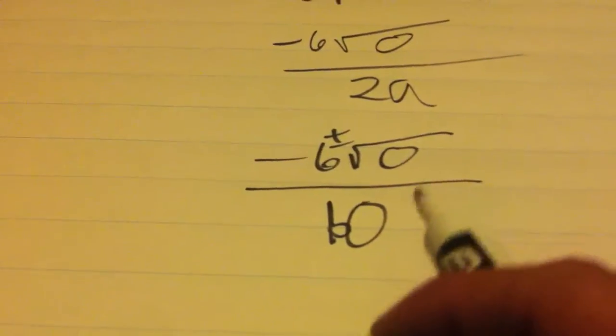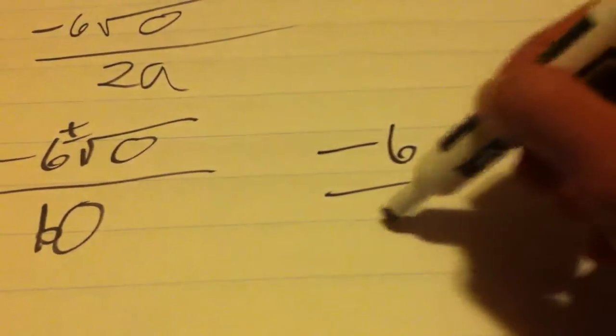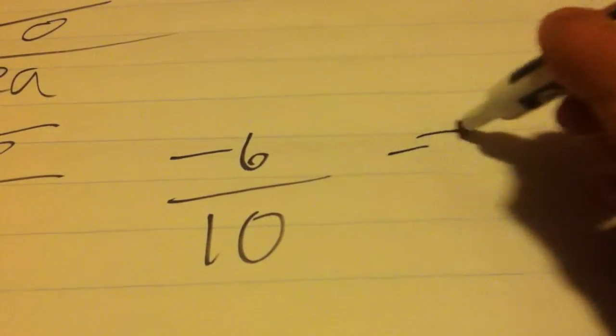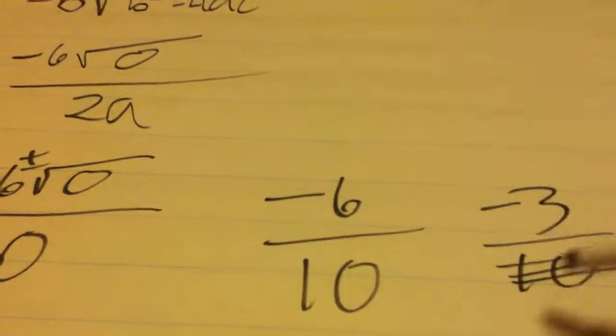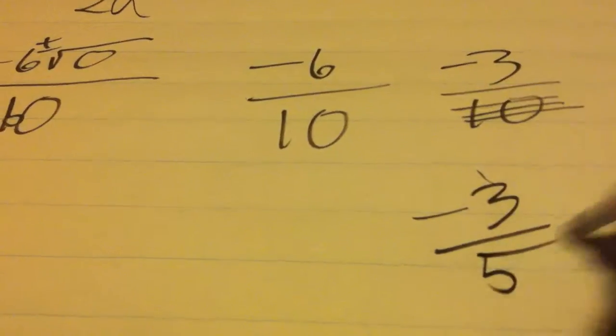And since 0 is already the square root of 0, it should cancel out, which leaves minus 6 over 10. And you can simplify that to minus 3 over 5.